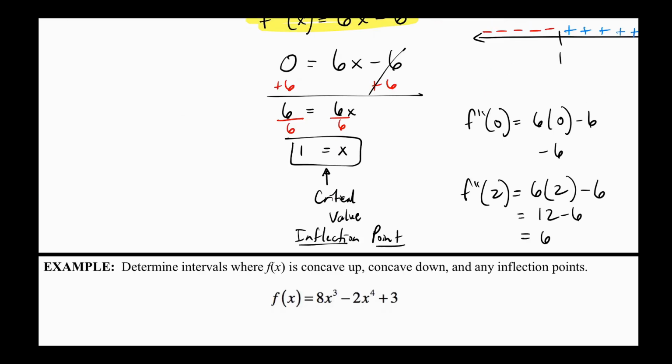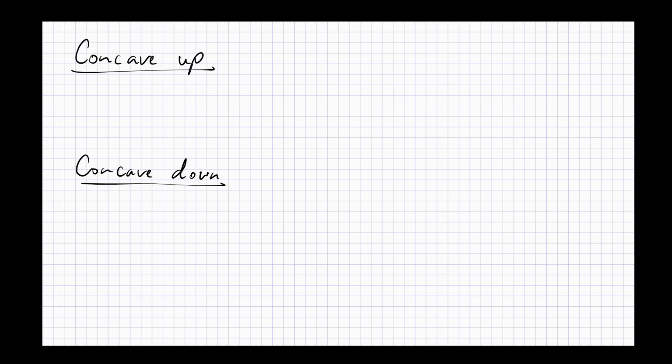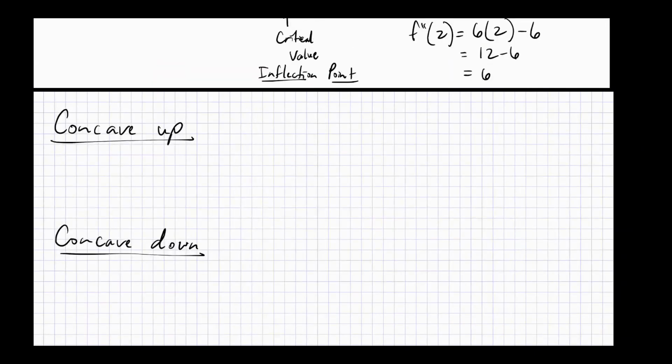So we just got to write that down now. We got to write intervals, concave up, and concave down. Concave up is where it's positive.